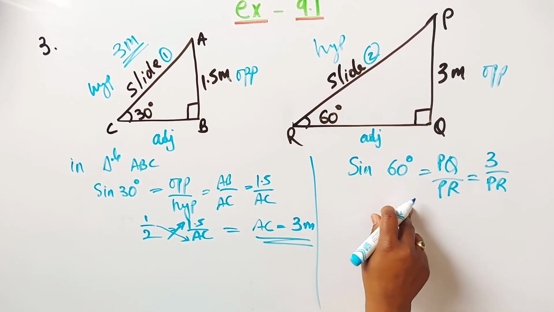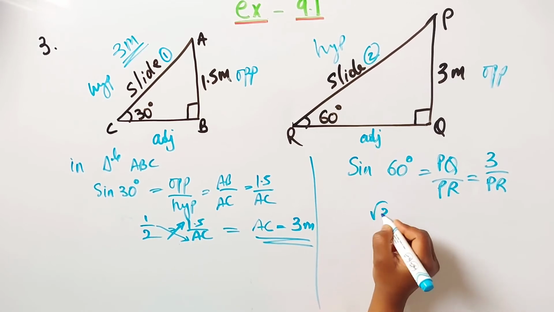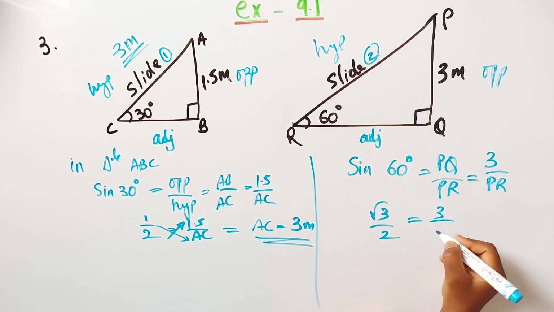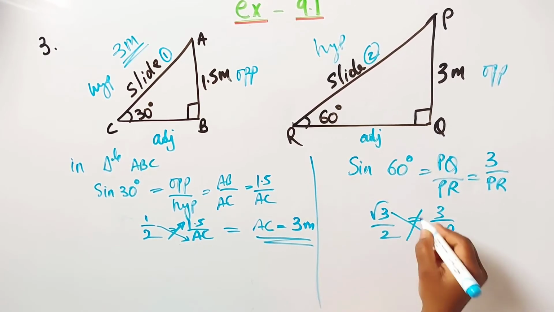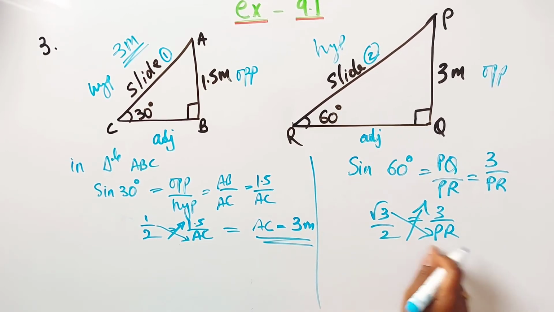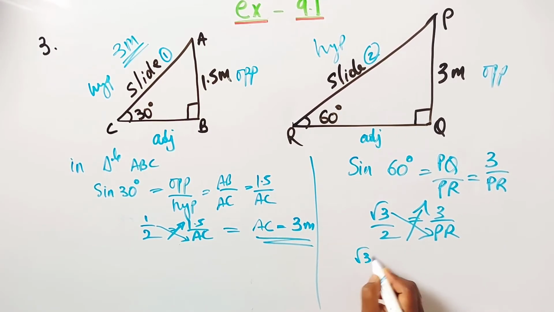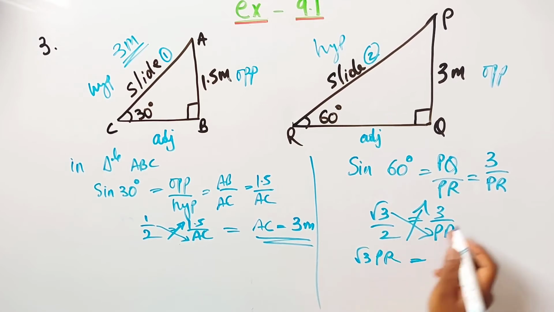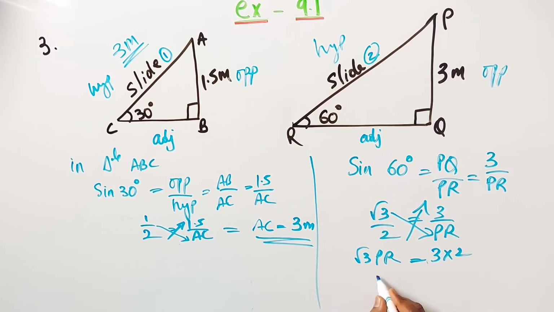So sine 60 we already know that root 3 by 2, that equals 3 by PR, right? Do cross multiplication here. PR into root 3 is equal to 2 into 3, 6. Otherwise write 3 into 2 only, we can cancel anyway. So PR is equal to, send this root 3 to right hand side.